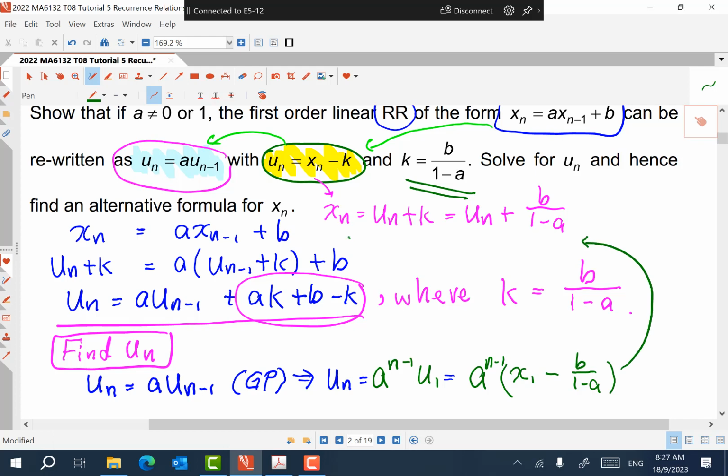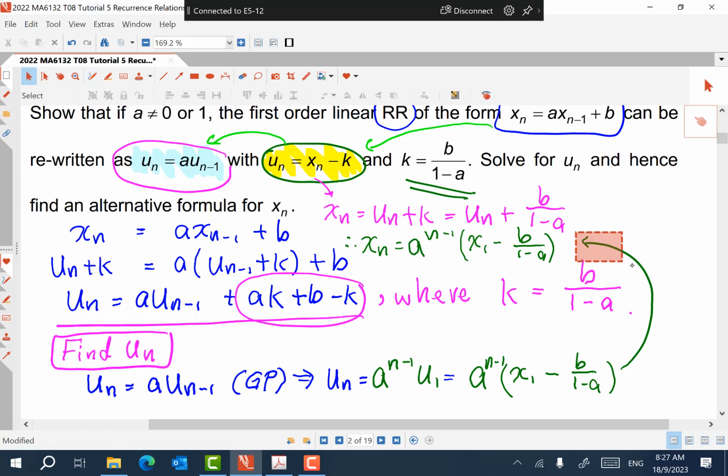So therefore my xn is equal to a to the power n minus 1 times x1 minus b over, and again the good thing is, no good, I'll just erase this. Plus b over 1 minus a.